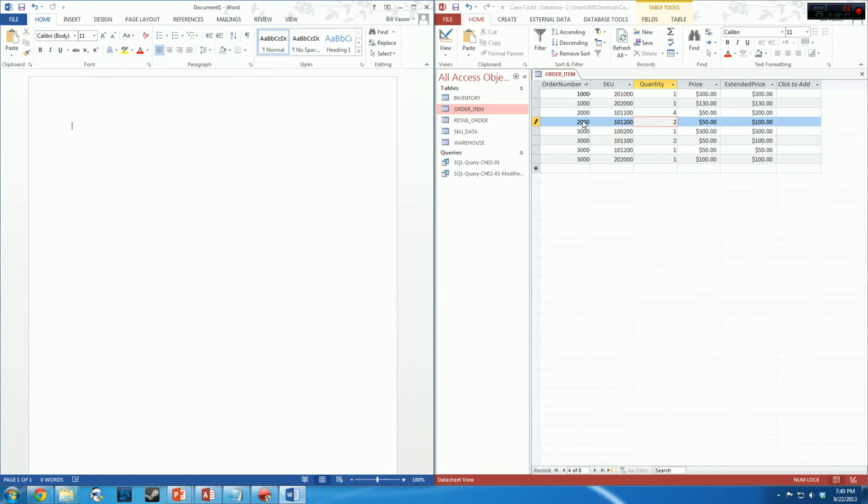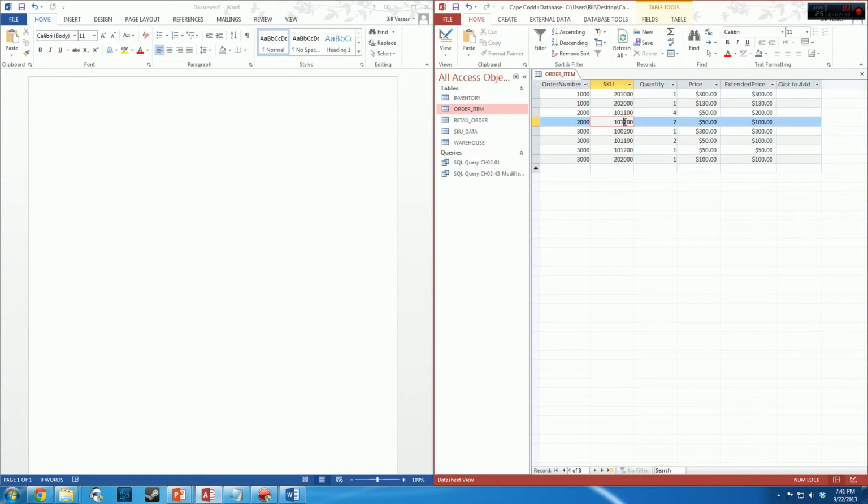So order number doesn't determine anything, really. We've got different prices, different extended prices. Okay. What about SKU? Well, SKU doesn't necessarily determine quantity. It doesn't determine the order number, because we've got 2 different orders for the same SKU. Now, the price is always the same.